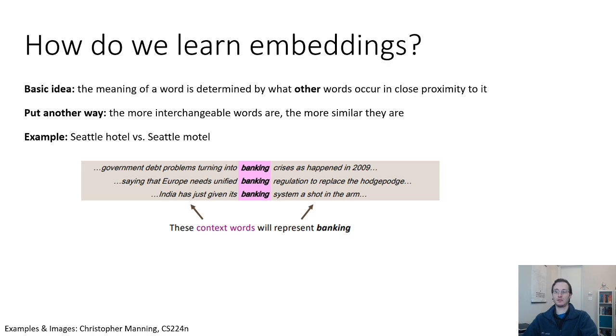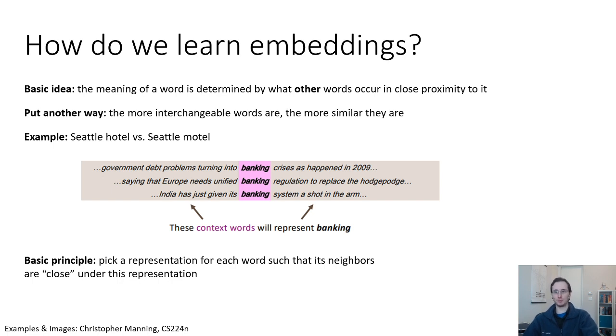And the terminology we're going to use is that the other words that occur close to the word in question, we'll refer to as context words. Specifically, a context word is a word that occurs within some distance of the center word in sentences. So the center word here is banking, and the context, in this case, is selected to be of length 5. So words that are within 5 words of the word banking. Very reasonable choice.